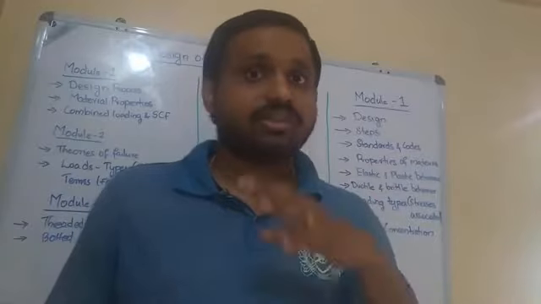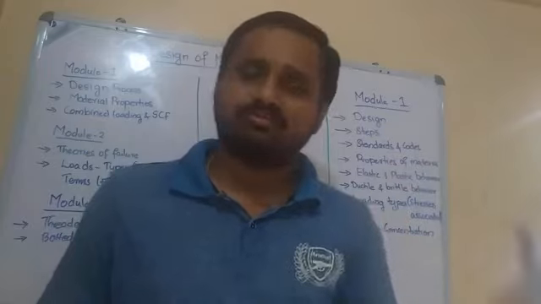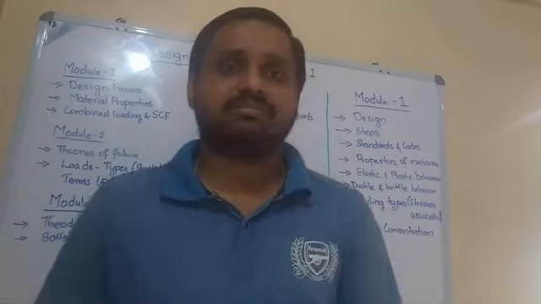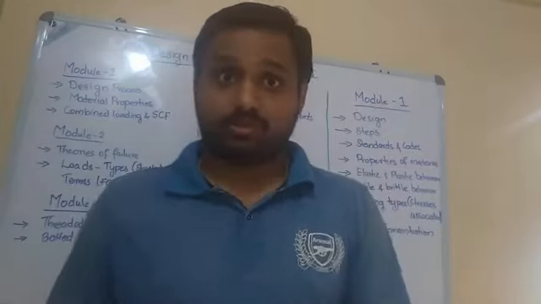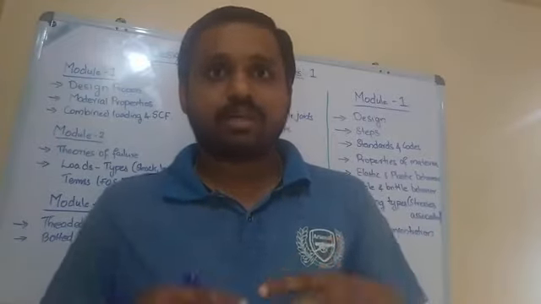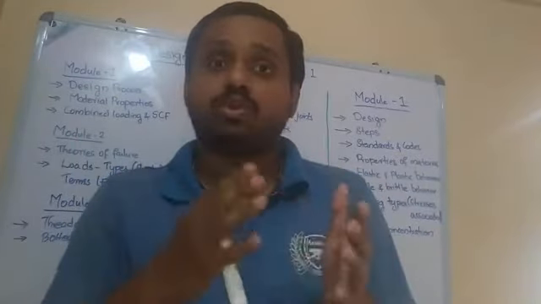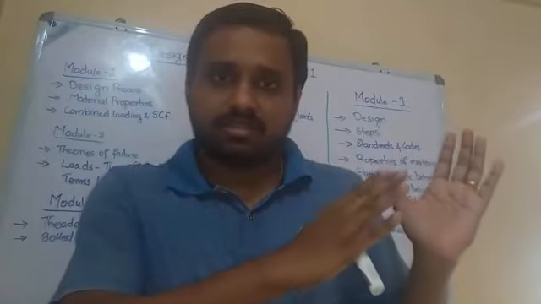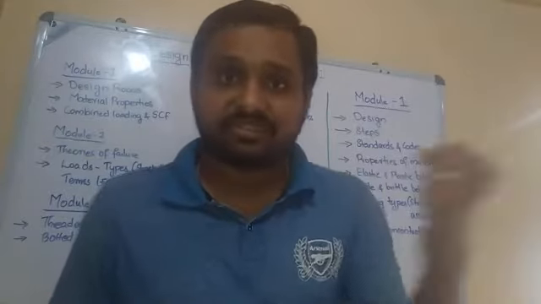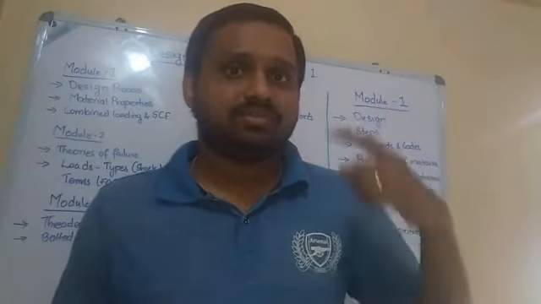What developments have been done with this problem, or properties related to that problem, that is called a literature survey. Then you need to analyze on your own to develop a new product. It need not be a product, it can be an idea. You need to go on analyzing that problem with the help of the literature survey that you have done.